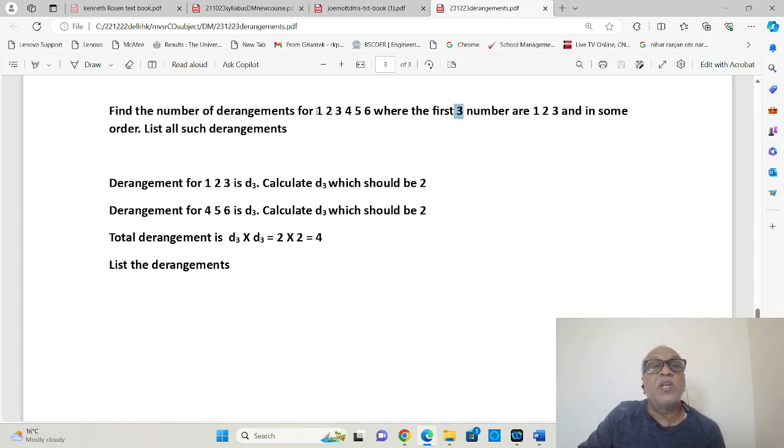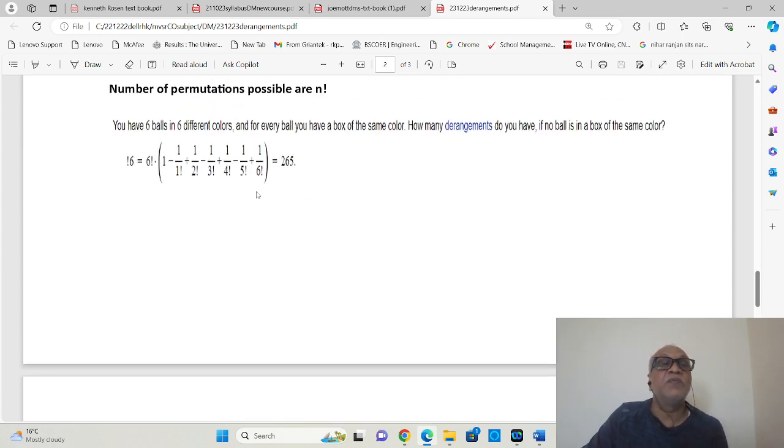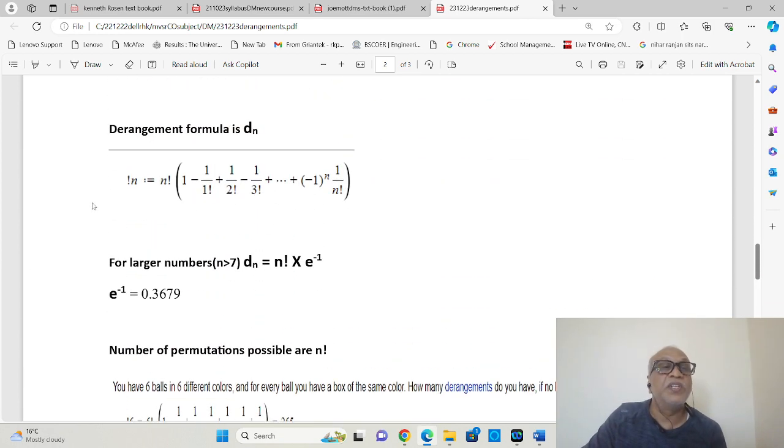Now, how many numbers are there totally? 6 numbers. Out of that, the first three numbers will be 1, 2, 3. So we have to find out the derangement for 1, 2, 3. Derangement for 1, 2, 3 is D3. So you have to calculate D3. Even if you replace with the formula, D3 means 3 factorial times 1 minus 1 by 1 factorial plus 1 by 2 factorial minus 1 by 3 factorial.